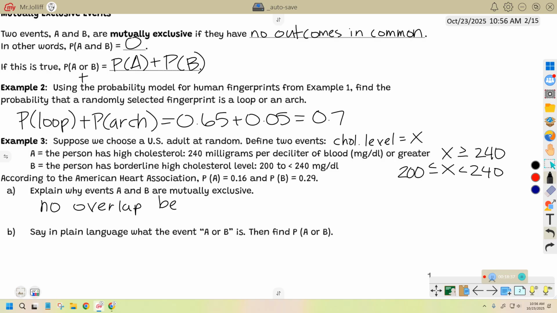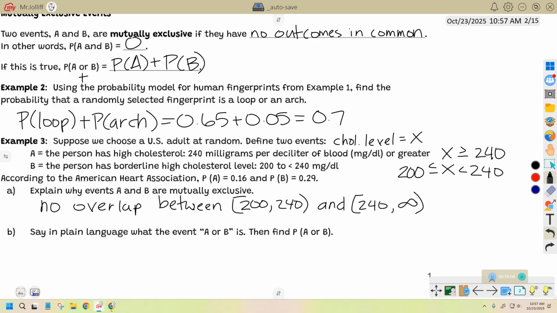Overlap between, and I'm going to use some interval notation here. Bear with me. 200 to 240 and 240, presumably upward. They didn't give us an upper bound.